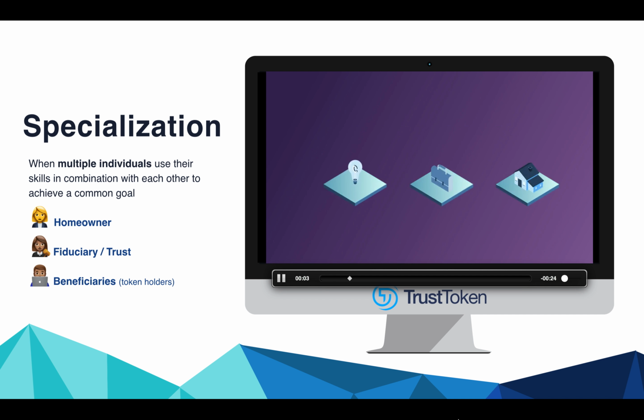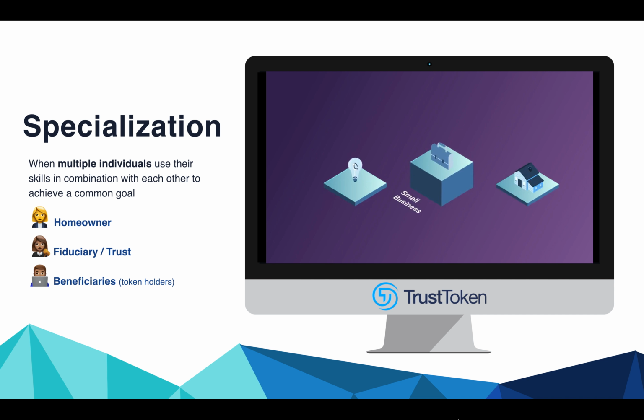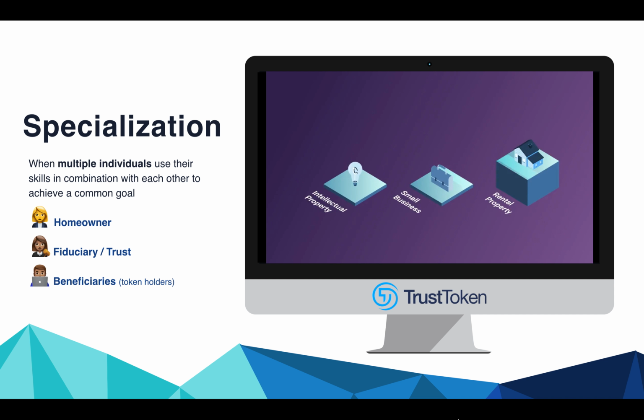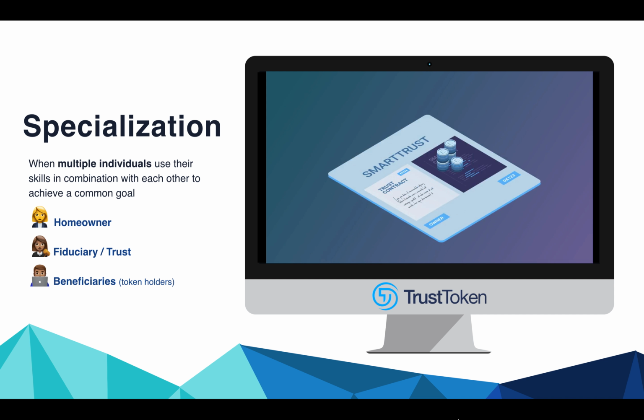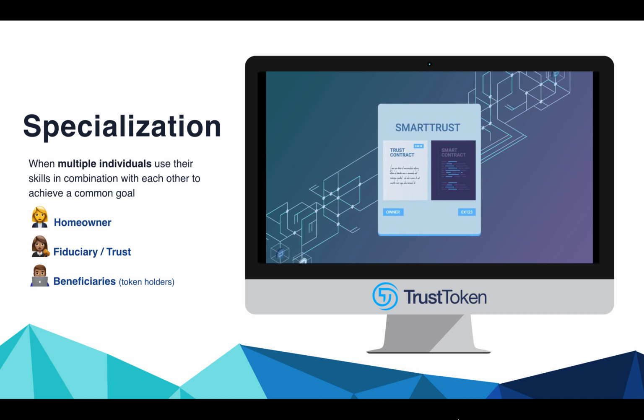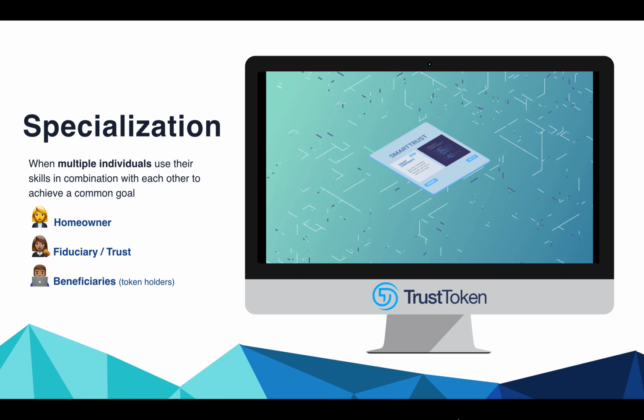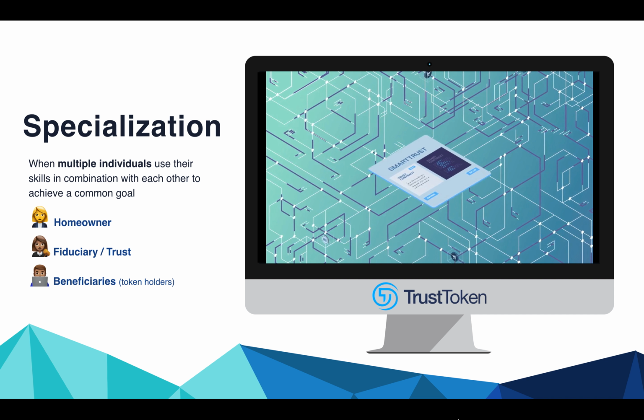It's tokenizing assets. So when you tokenize an asset, there has to be an owner of the asset, and the asset might be a piece of rental property. The owner then hands it over to a trust, which is managed by a fiduciary, and that fiduciary is then legally bound to do whatever the homeowner asks them to do.